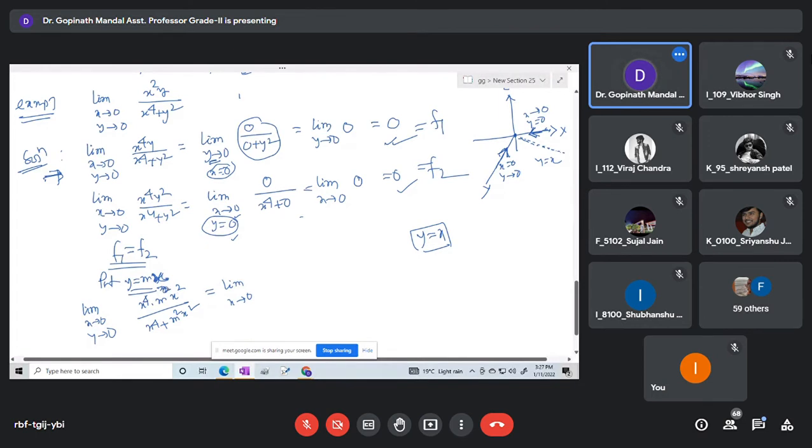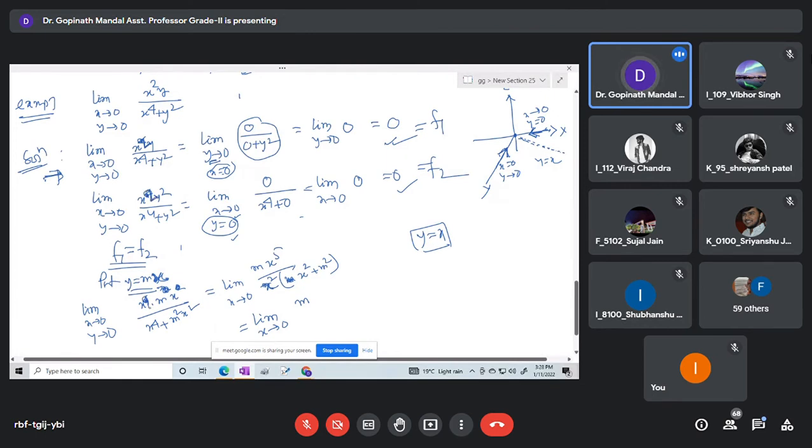No. This is mx to the power 5, m squared x squared, x squared plus m squared. So limit x tends to 0, m, all the x squared here.